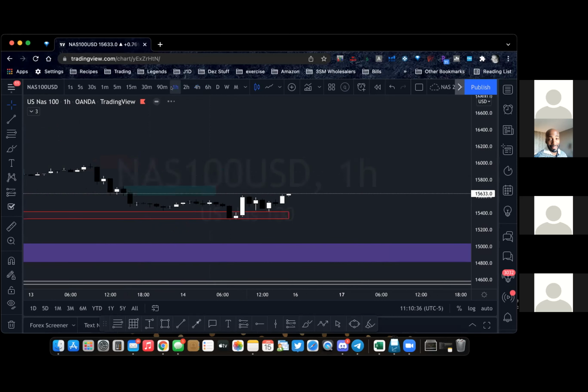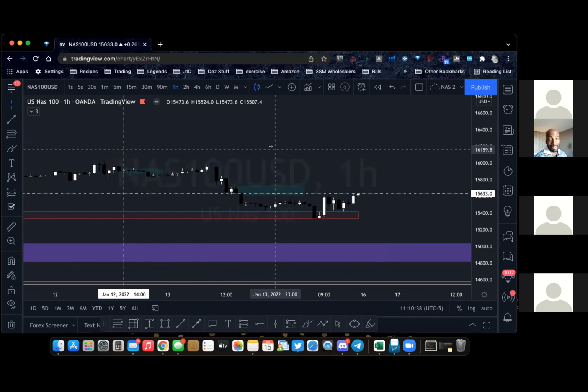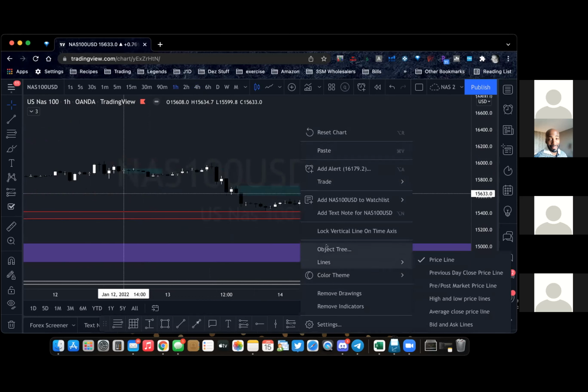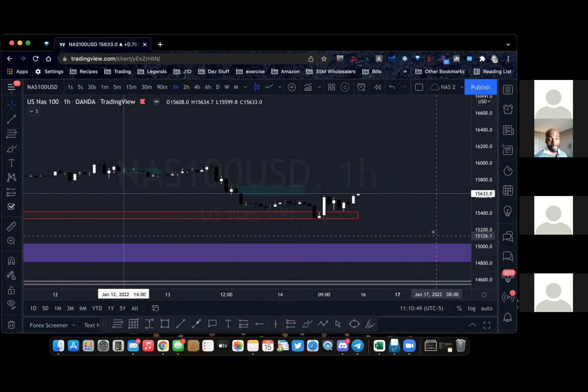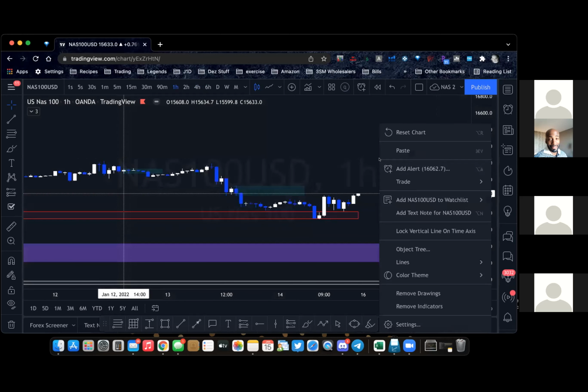Hey, Des, just for the sake of training, is there any way we can turn the chart white? White, okay, I don't work in white because it hurts my eyes, but I can turn it to gray. Let me know if that's a little bit better. Thank you. Is that, well, that's a blue one. Hold on.